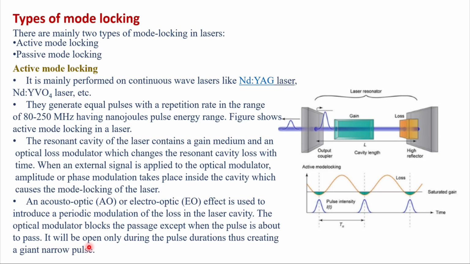It will be open only during the pulse duration, thus creating a narrow pulse. This active mode locking is used in continuous wave lasers like Nd:YAG and Nd:YVO4 lasers, which can produce pulse repetition rates between 80 and 250 megahertz and pulse energy in the nanojoule range.